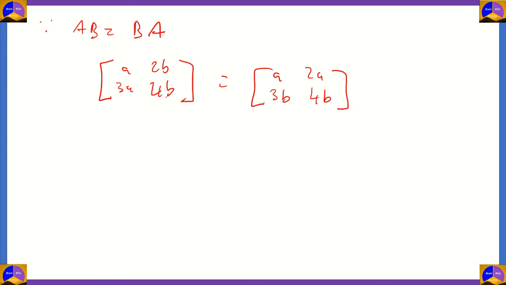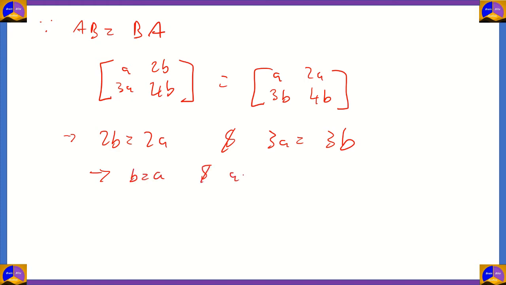So a equals a, 4b equals 4b, so there is no questioning that matter. But since these matrices are equal, you can safely say that 2b equals 2a and 3a equals 3b. Just taking out the common factors from both sides, you get b equals a and a equals b. So the numbers a and b, which belong to the set of natural numbers N, are equal.